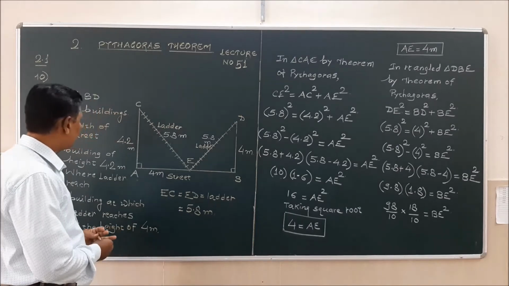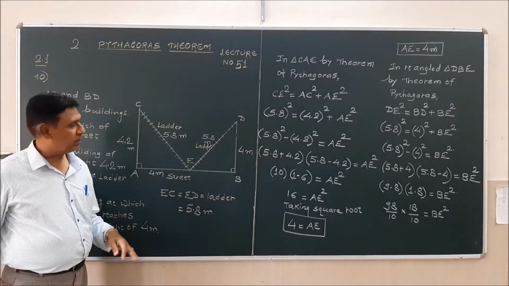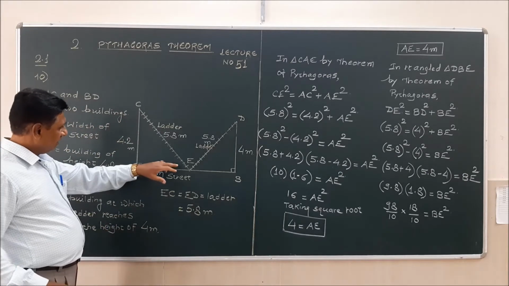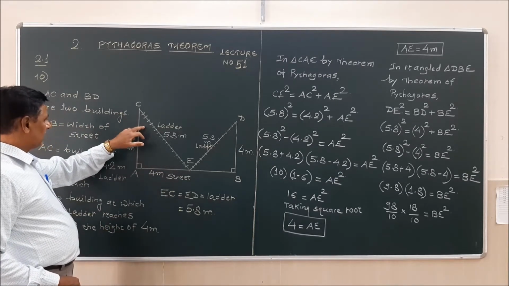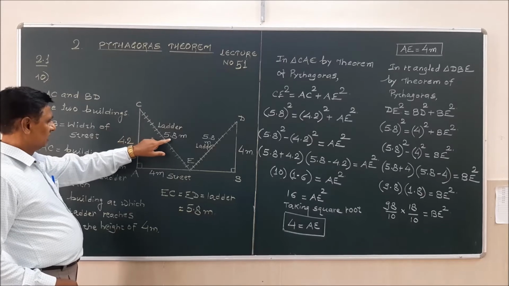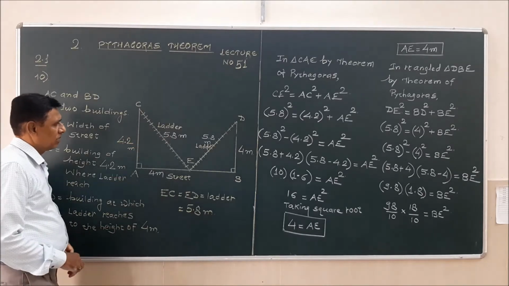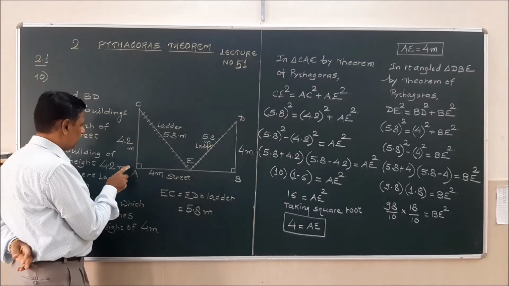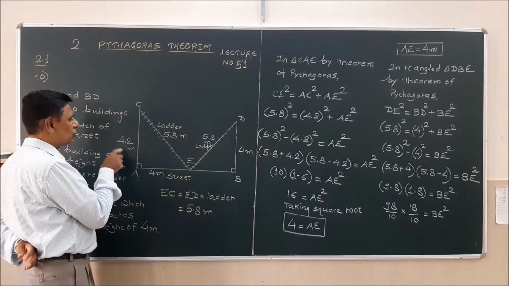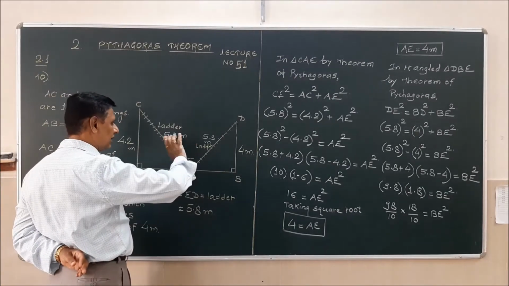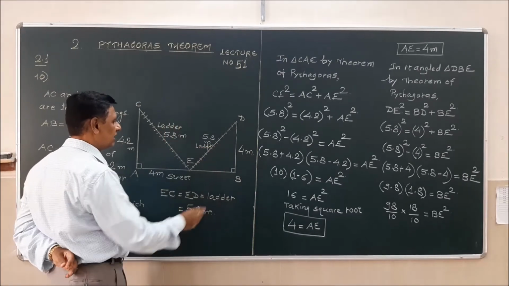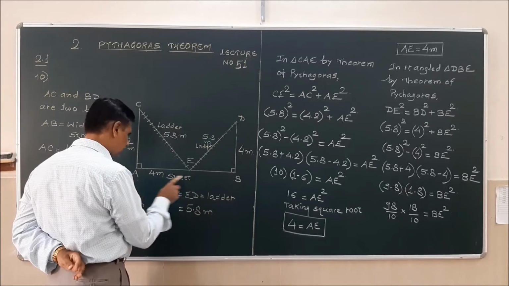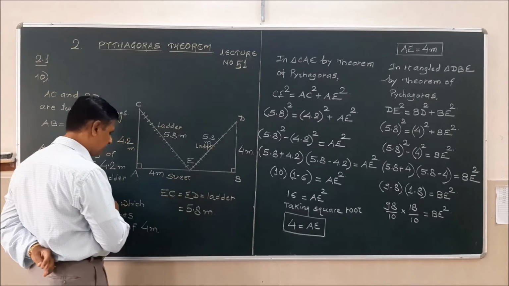So, before I rub this part: AC is a building, then there is a ladder which reaches till 5.8 meter. Length of the ladder is 5.8. It reaches the height 4.2. The same ladder, if you turn on this side, reaches the height 4 meter. The question is to find out the width of the street.